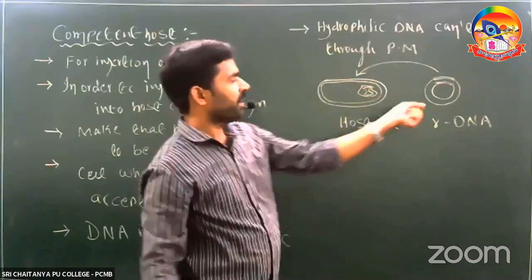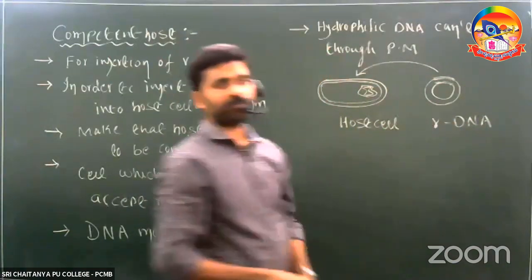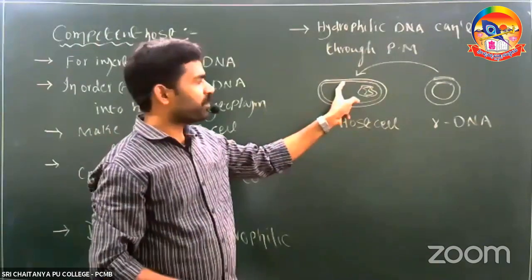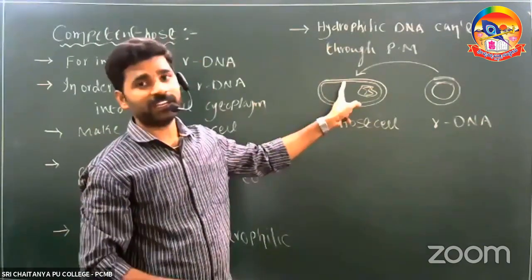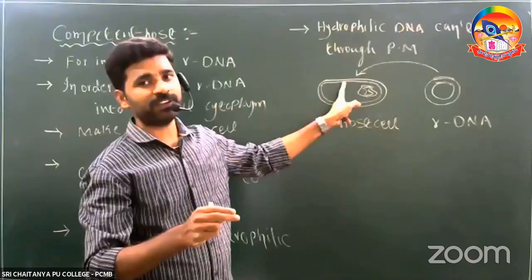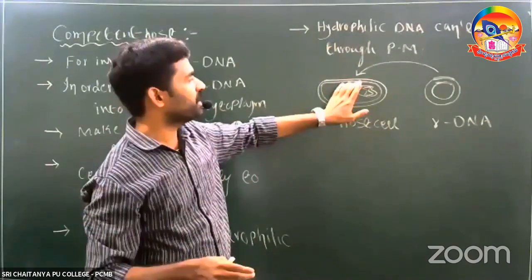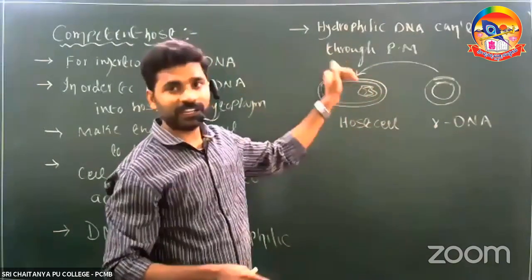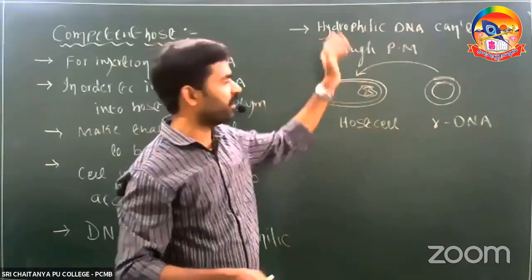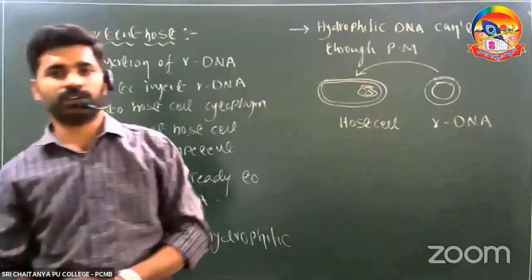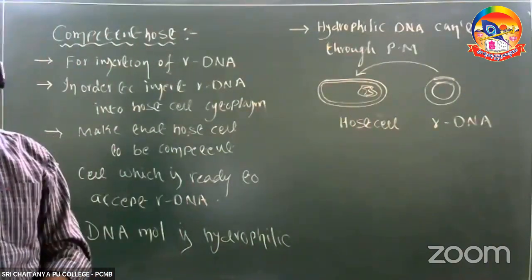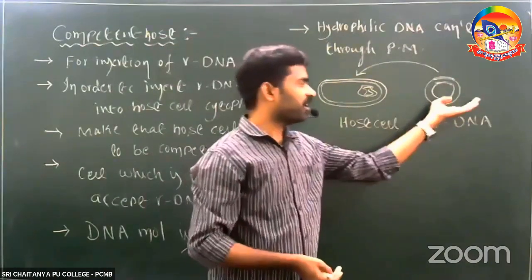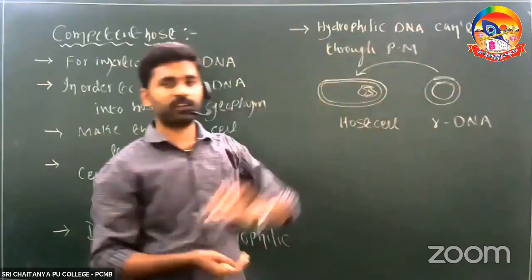Why? Because rDNA is hydrophilic, but the plasma membrane is hydrophobic, being made up of lipids and proteins. That hydrophobic lipoproteinaceous layer does not allow rDNA molecules. But how will we insert the rDNA molecule into the host cell cytoplasm?